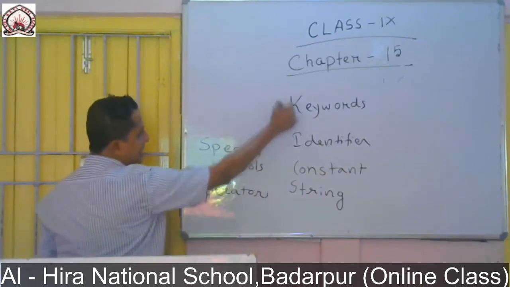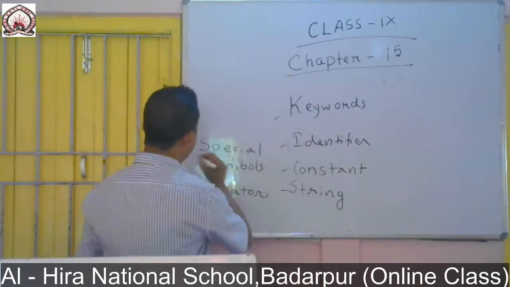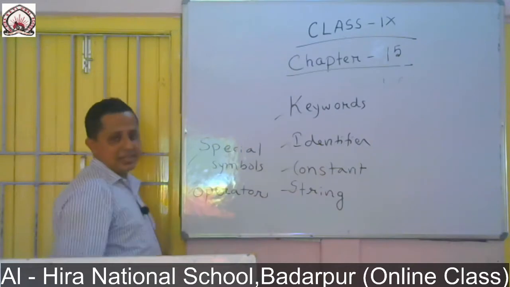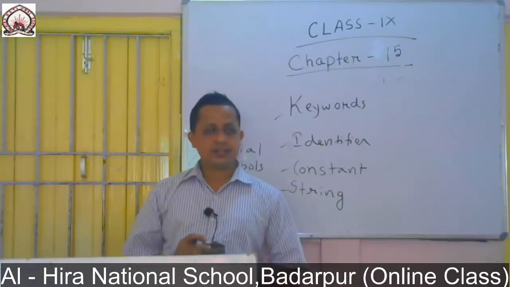So these 1, 2, 3, 4, 5, 6 are the C tokens.